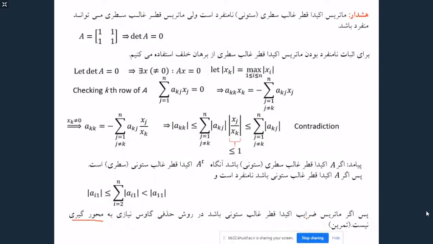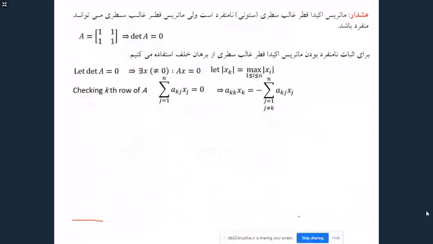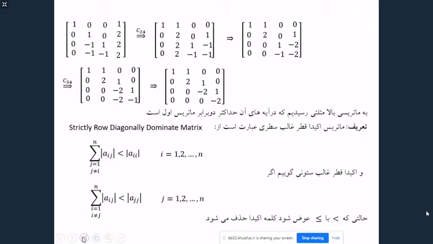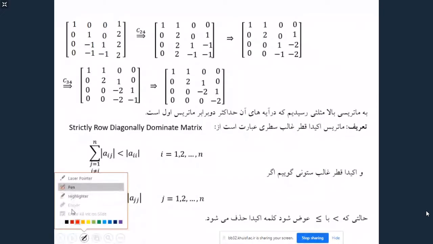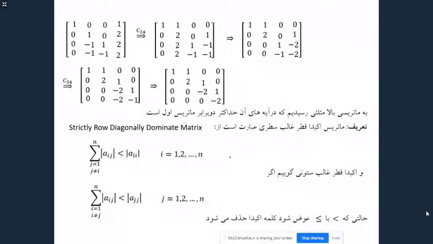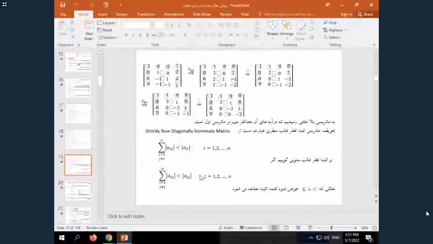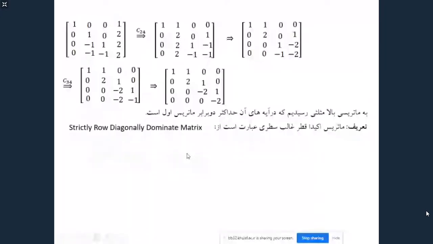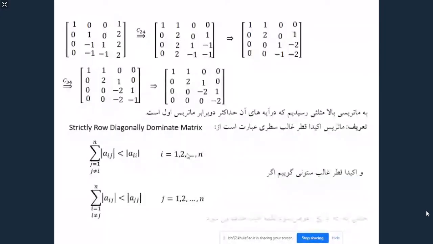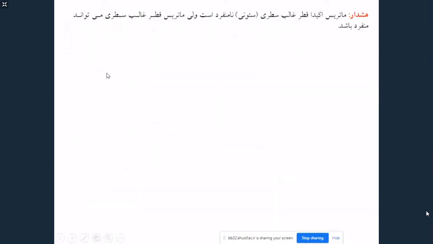Let me explain more. Consider a system that is strictly column diagonally dominant.